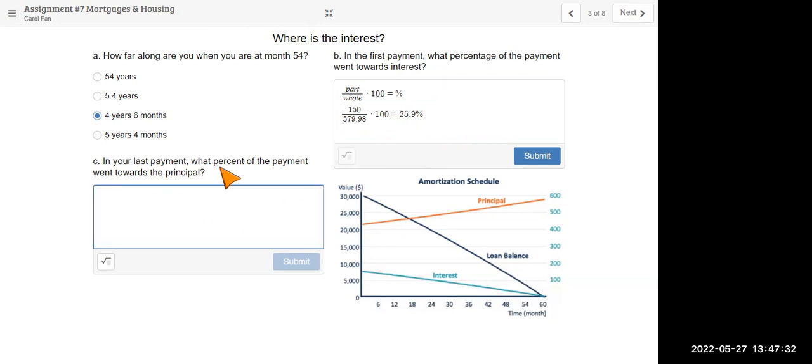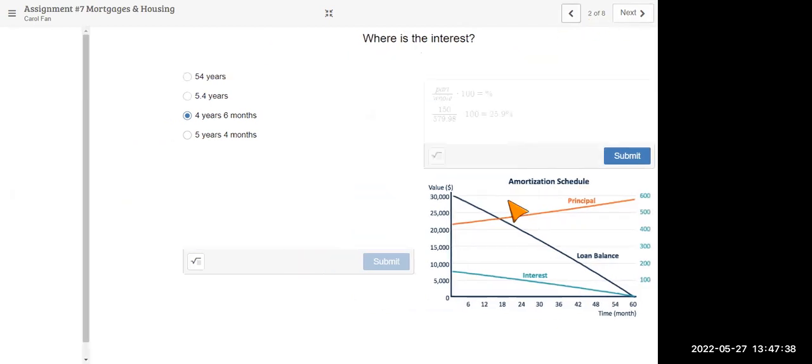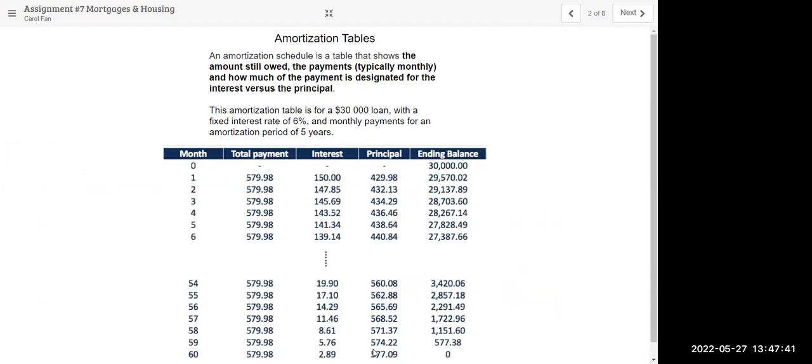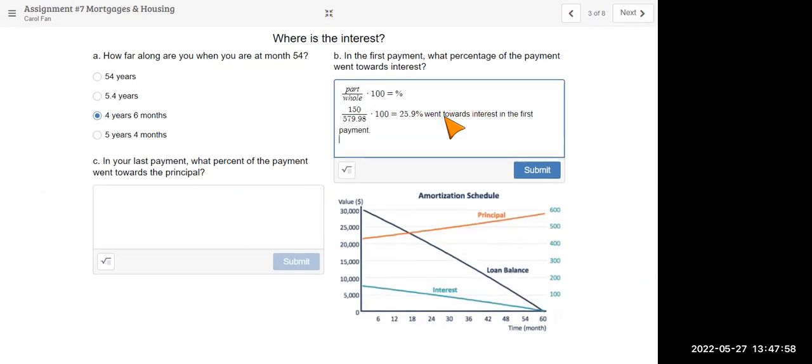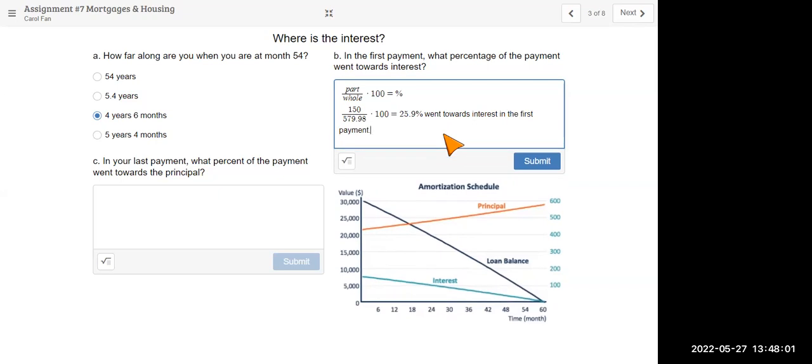Now, on the last payment, what percentage of the payment went towards the principal? Okay, so the principal is now $577.09 out of $579. Sorry, let's go back to the first one. If 25 or 26% went towards interest, that means 74% of it went towards the principal.